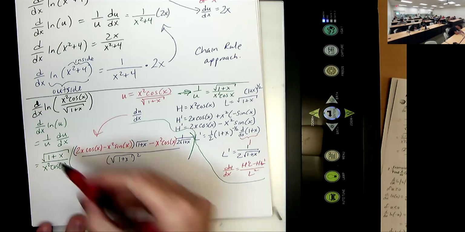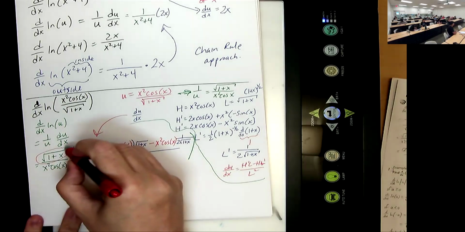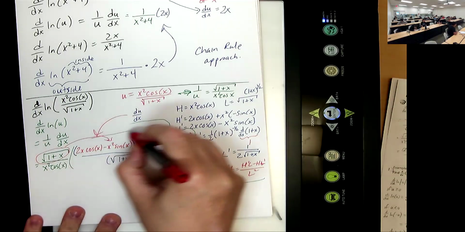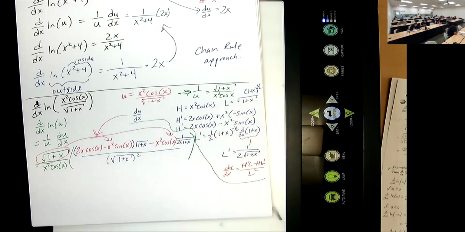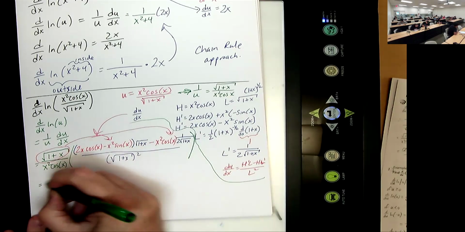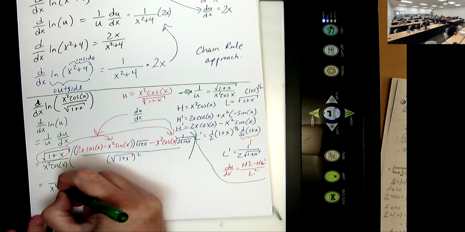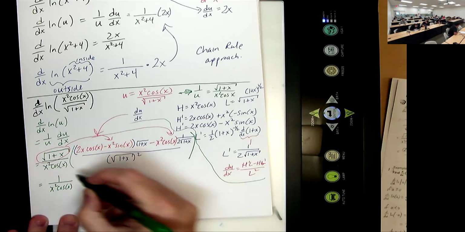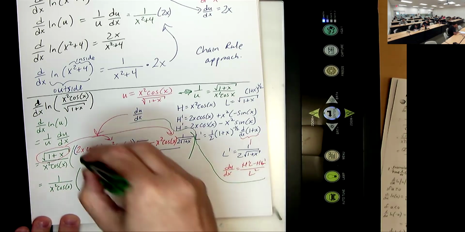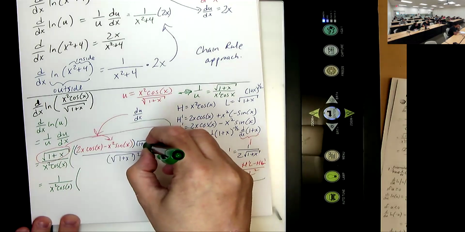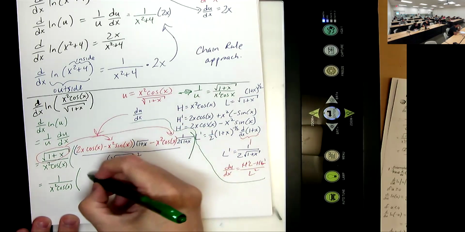So what I'm gonna do is take this and distribute it to this. And distribute to this. So I've got 1/x² cosine x left out front. When it hits this, it's gonna be a square.